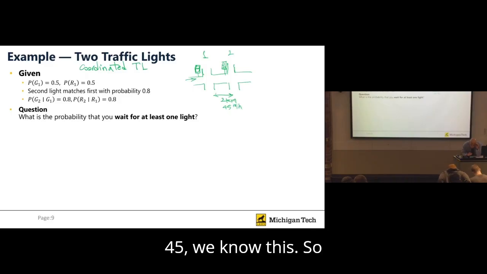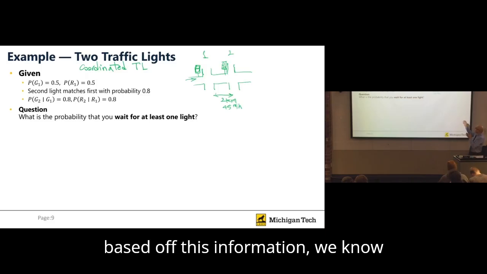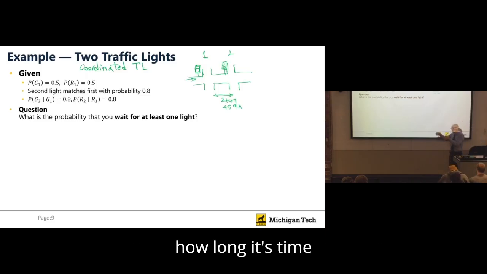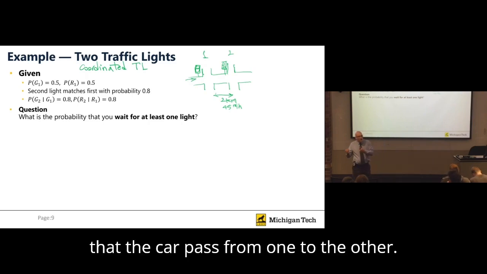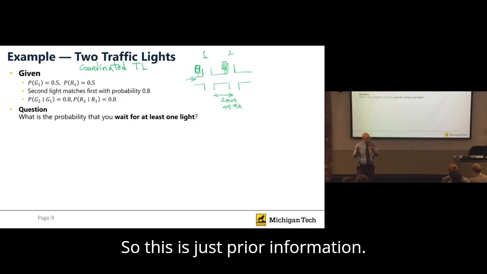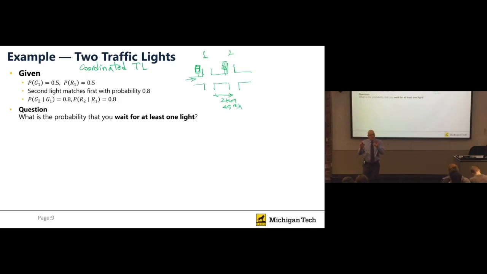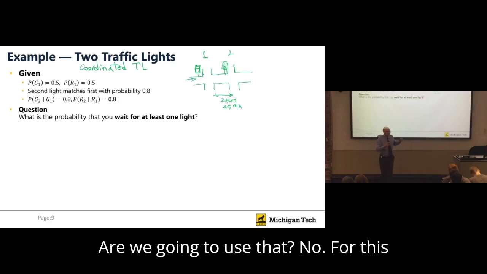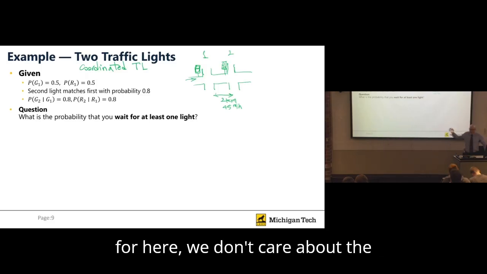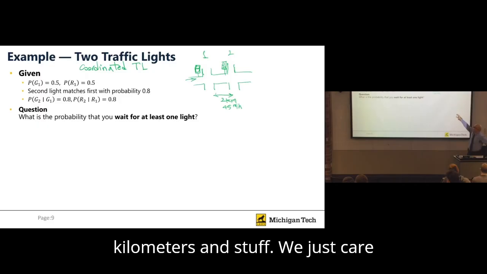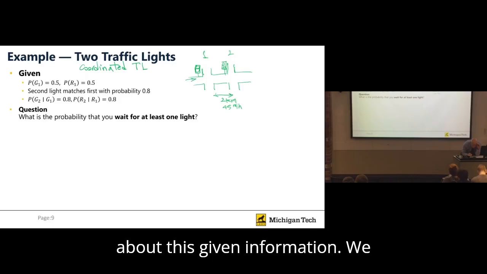So based on this information, we know how long it takes for a car to pass from one to the other. So this is just prior information. Are we going to use that? No. For this example, maybe later. But here, we don't care about the kilometers and stuff. We just care about this given information.